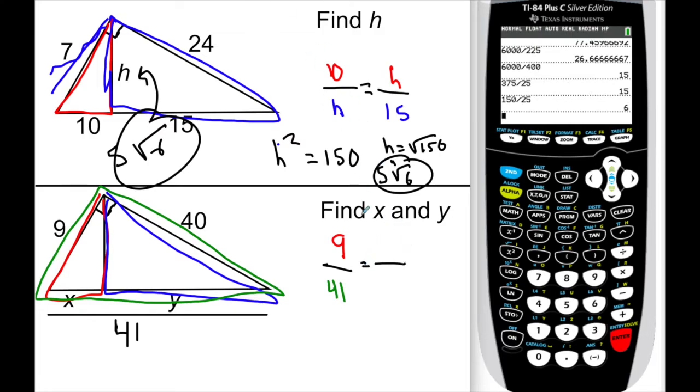Then we know that x is the leg of this triangle, the height, and 9 is the height of the green triangle. So cross multiplying and simplifying, I get 81 equals 41x.